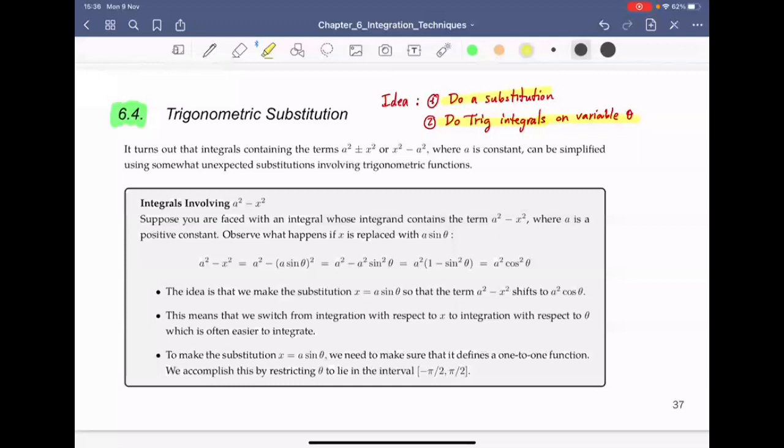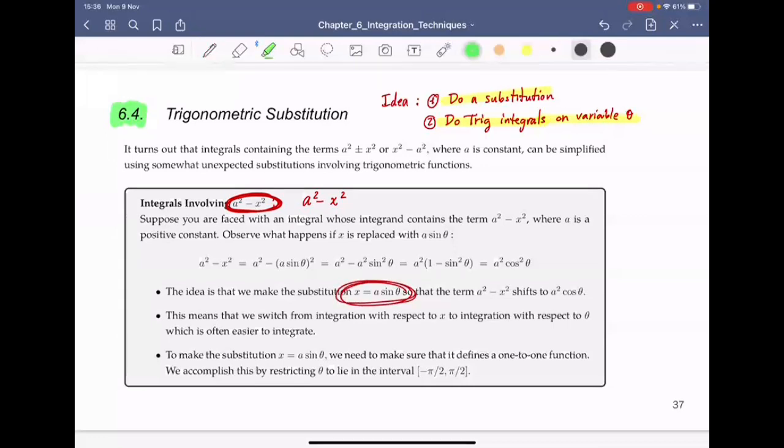But before looking at the next example, we're going to show you one case here. If you have a squared minus x squared in your integrand, everyone stay with me. The suggestion says that if you have a squared minus x squared, you're going to pick x equal to a times sine theta. What happens?